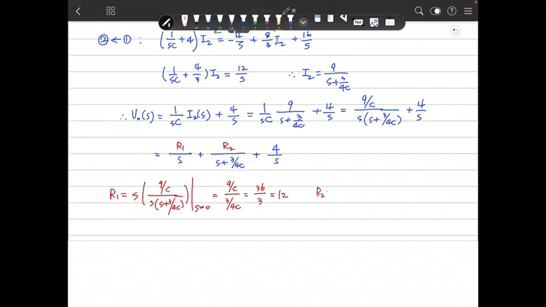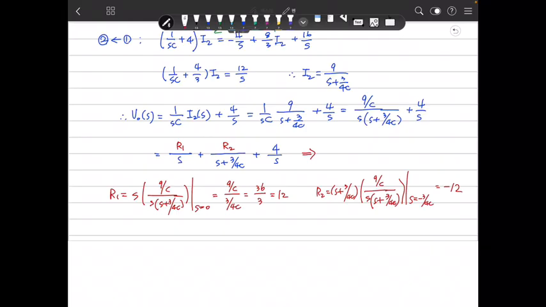And R2 is S times 9 over C over S plus 3 over 4C, where S is minus 3 over 4C. Then that gives minus 12.